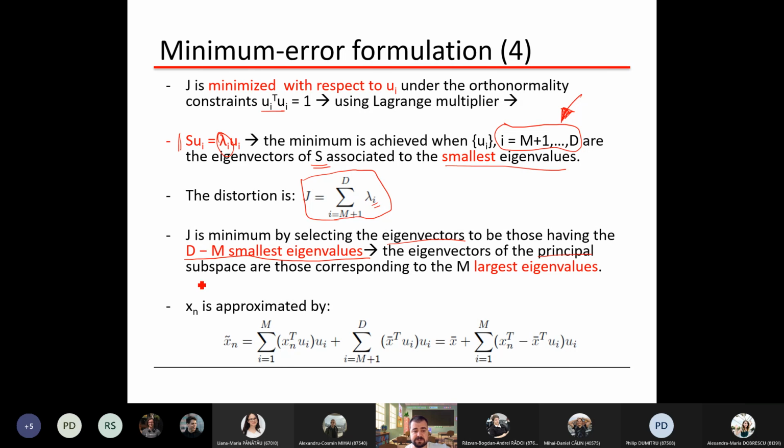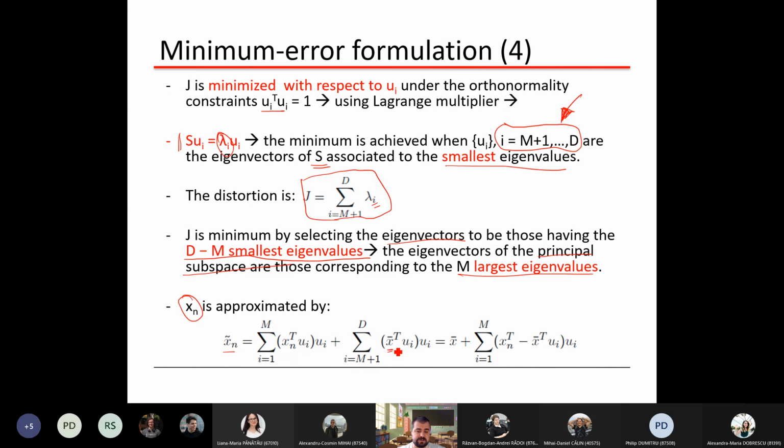Okay, so the principal subspace is spanned by the eigenvectors corresponding to the M largest eigenvalues from the covariance matrix. And now, if we want to approximate the value of xn, we have the formula xn tilde equals the summation from 1 to M of xn transposed UI multiplied with UI, plus the summation from M plus 1 to D of the mean projected on the UI multiplied with UI.